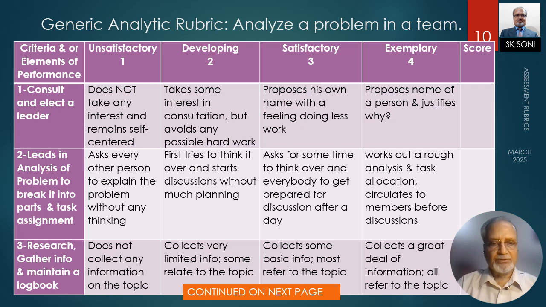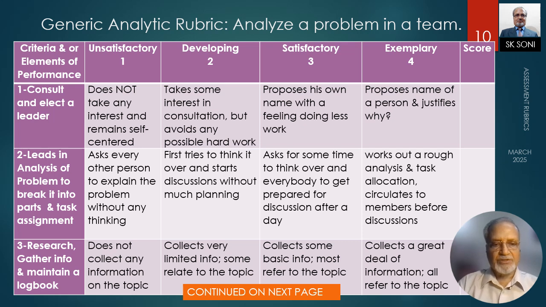Let us read step 1. Consult and elect a leader. For unsatisfactory performance, does not take any interest and remains self-centered. For exemplary performance, proposes names of a person and justifies why.